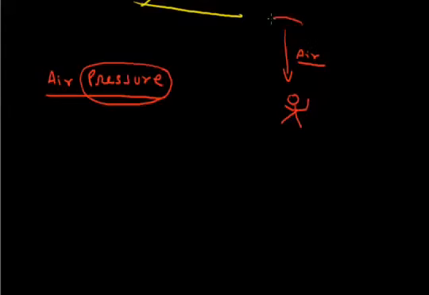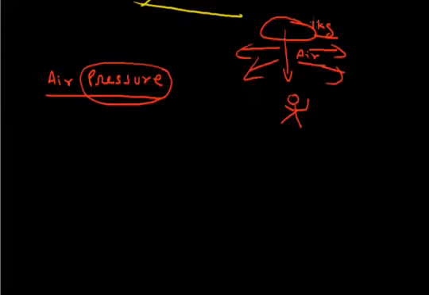Now if the amount of air is 1 kg, then I feel 1 kg weight of air. But if air spreads to other sides, then maybe I feel 800 grams of weight, means I feel less pressure. Now why do I feel less pressure?